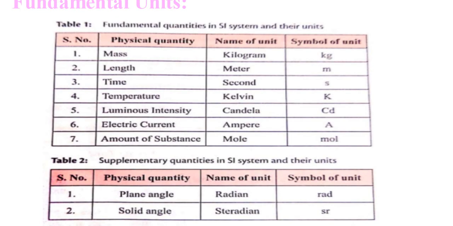The units of these physical quantities are derived from the combination of these 7 fundamental quantities. If we take any physical quantity other than these 7, we calculate it as a combination of the 7 physical quantities.